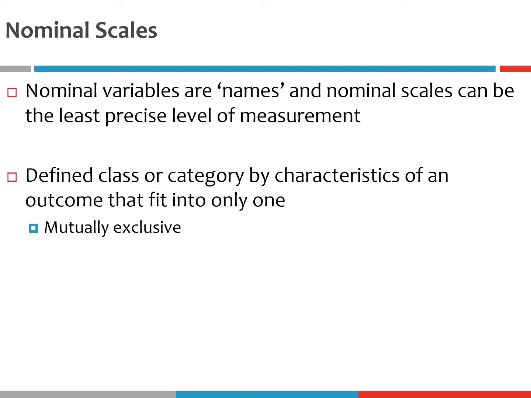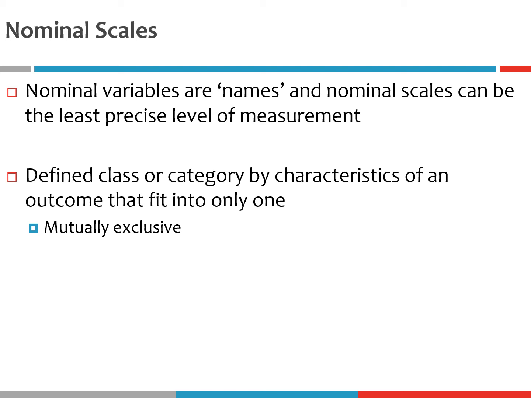And that's it. Because all they do is provide names, or essentially category labels, for a categorical variable, they are the least precise level of measurement, just because they don't provide a lot of information, right?